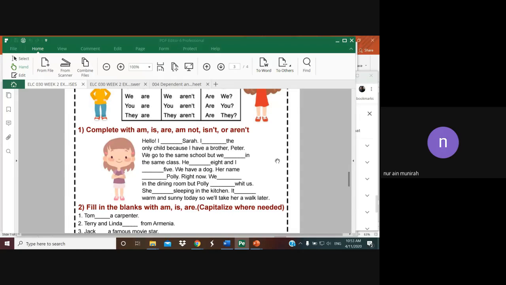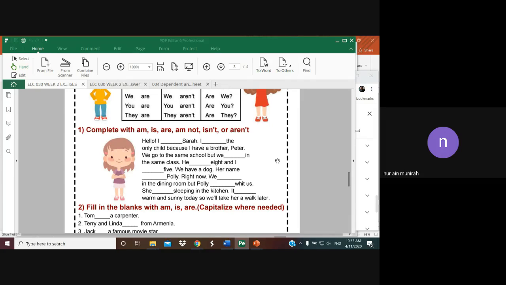We go to the same school, but we are not in the same class. He is 8 and I am 5. We have a dog. Her name is Polly.